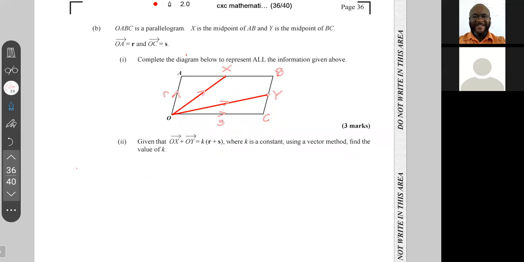So using the triangle law of vectors, OX would be equal to OA plus AX.